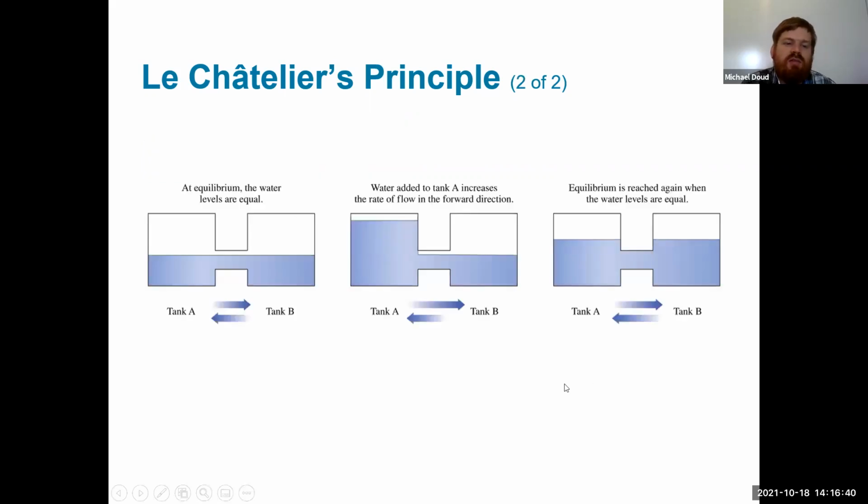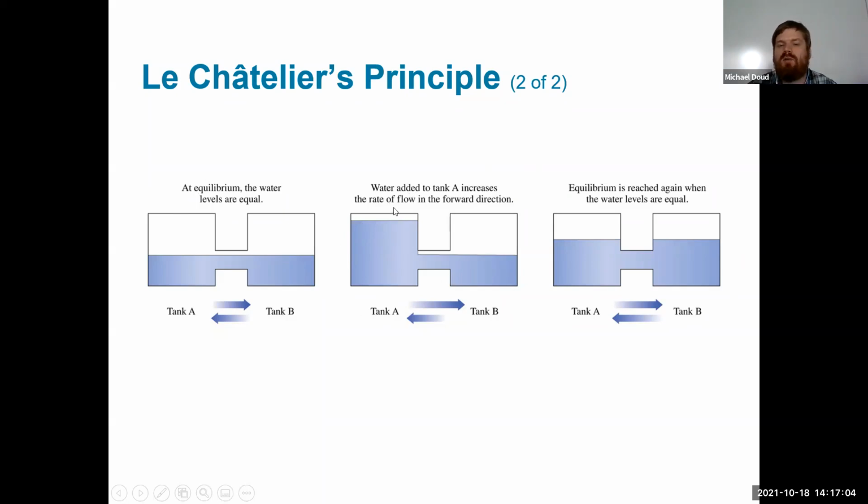So for example, if you have two tanks that are connected, at equilibrium, the water levels should be equal. So tank A and tank B both have the same amount of water. Now, if you just add water to tank A, you will have an overall greater amount of water in A than in B. So what happens?